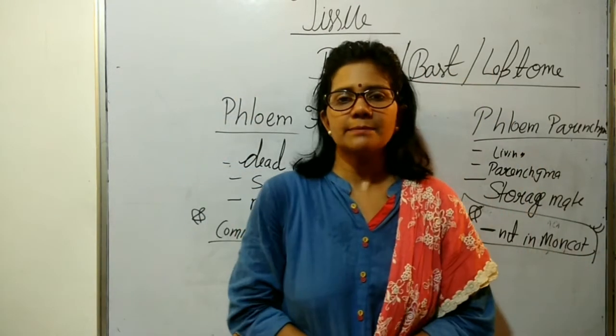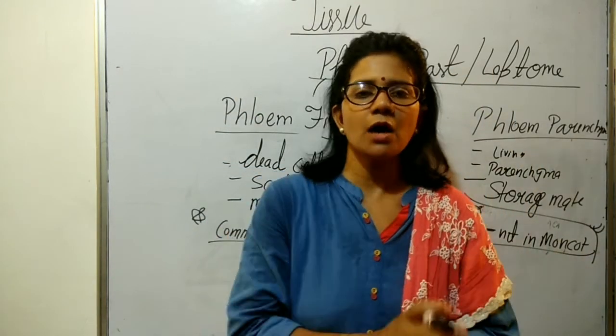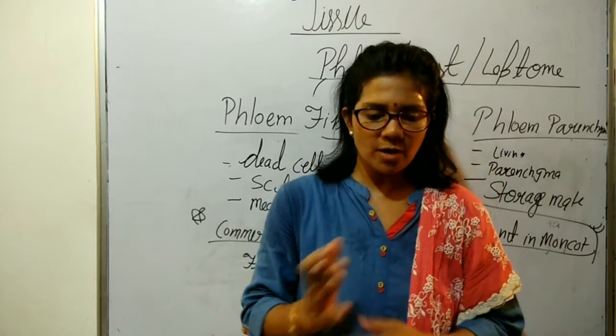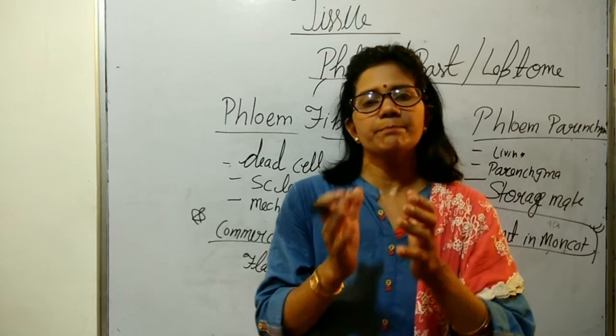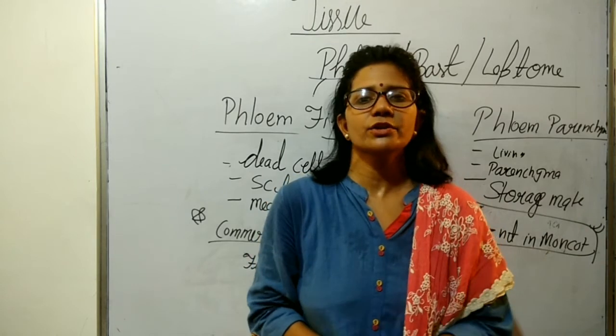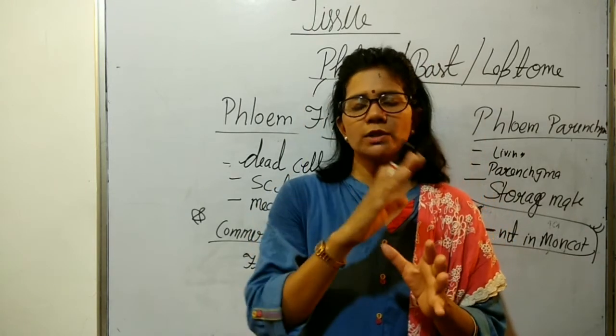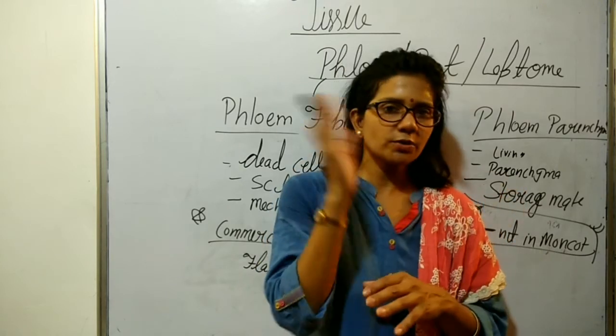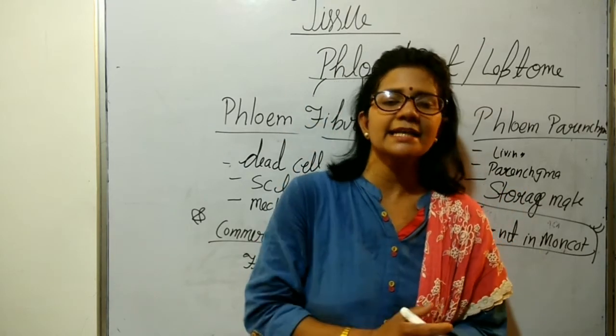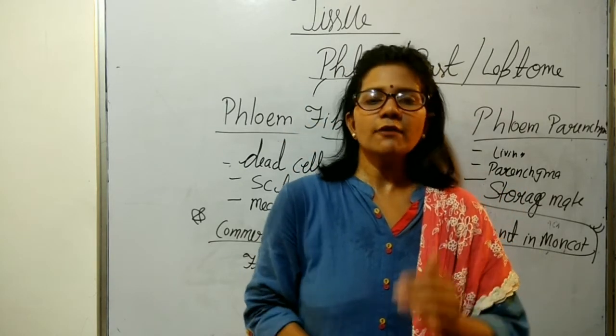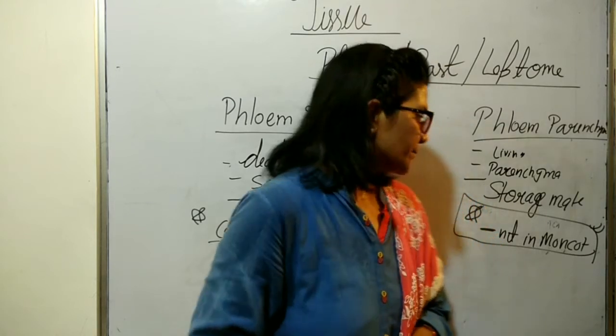So that was about the whole phloem and how their different components work together and perform the function of conduction of organic material. And as I have told you, there are two types of xylem, the protoxylem and the metaxylem. Exactly in the same way, the phloem can be of two types.